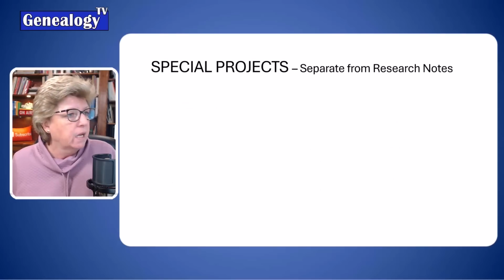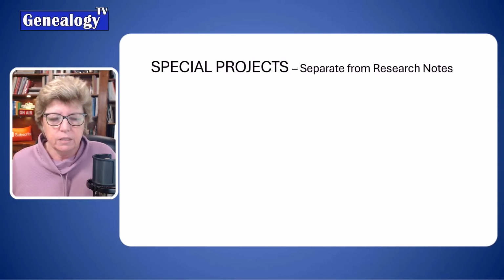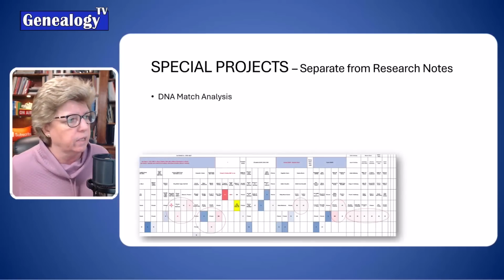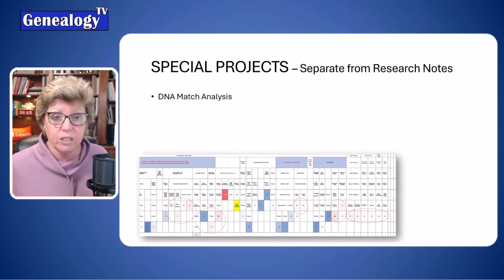Okay? Let's talk about special projects for a minute, because special projects are going to be something aside from your research notes. And so perhaps you are doing DNA research or a variety of things. We'll talk about some special projects. They could be something like DNA matches.